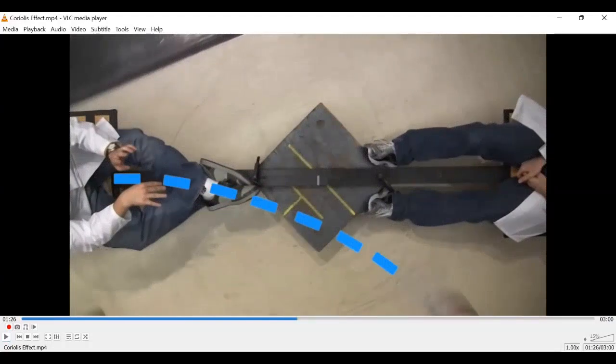That means there is a force component applied on this, which pushes this ball down this way. That is how earlier it was a straight line, and now it is curved like this. In order to get that, there has to be a force, and that force appears only when the frame is in rotation.